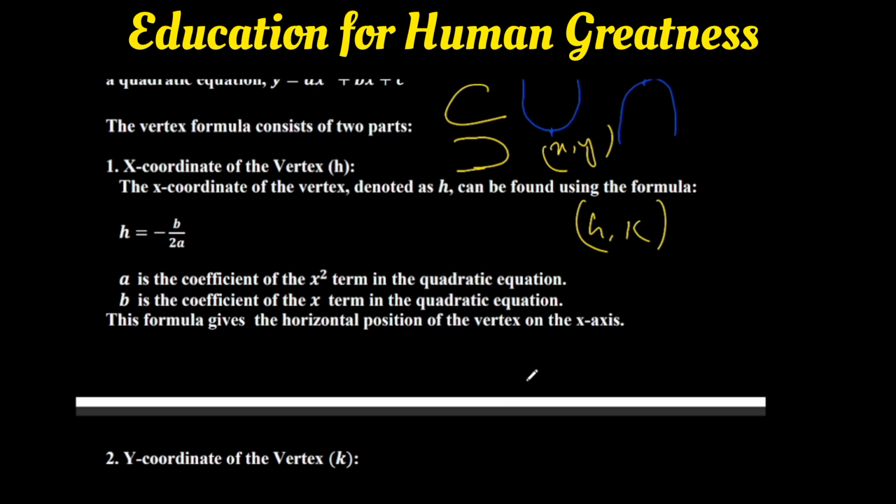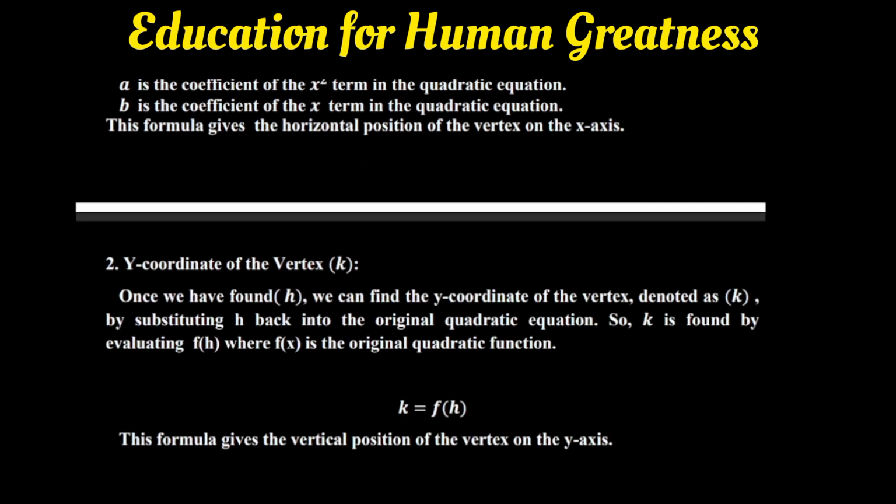Now, let us talk about the y-axis. The y coordinate of the vertex is denoted by k.